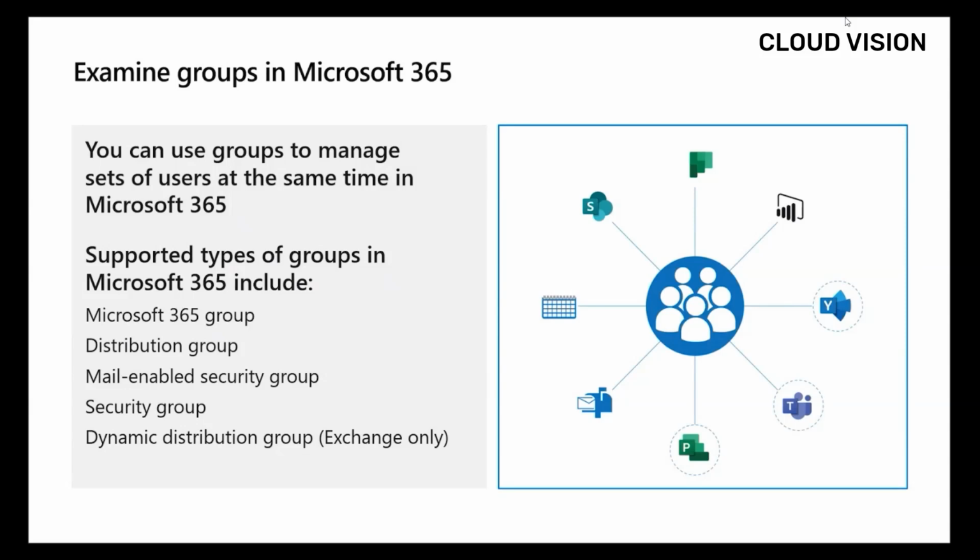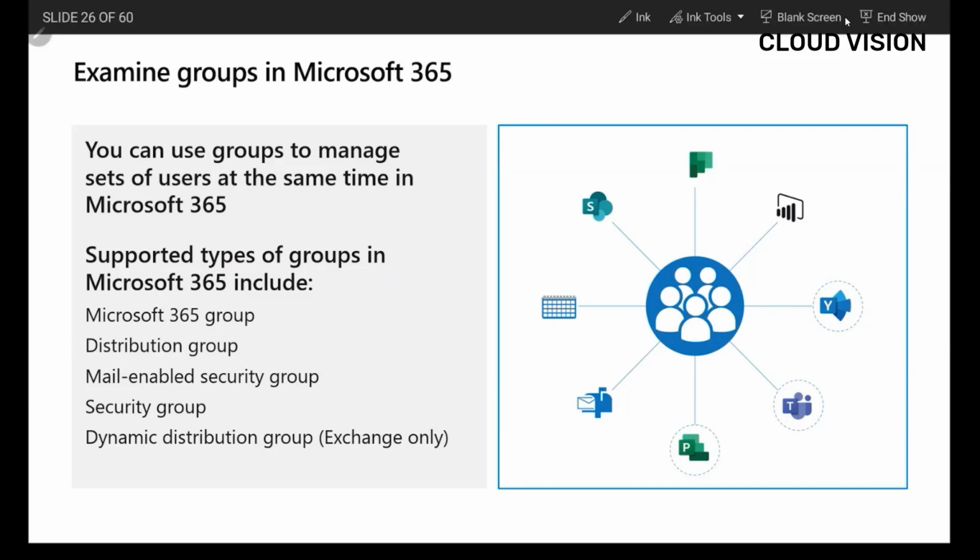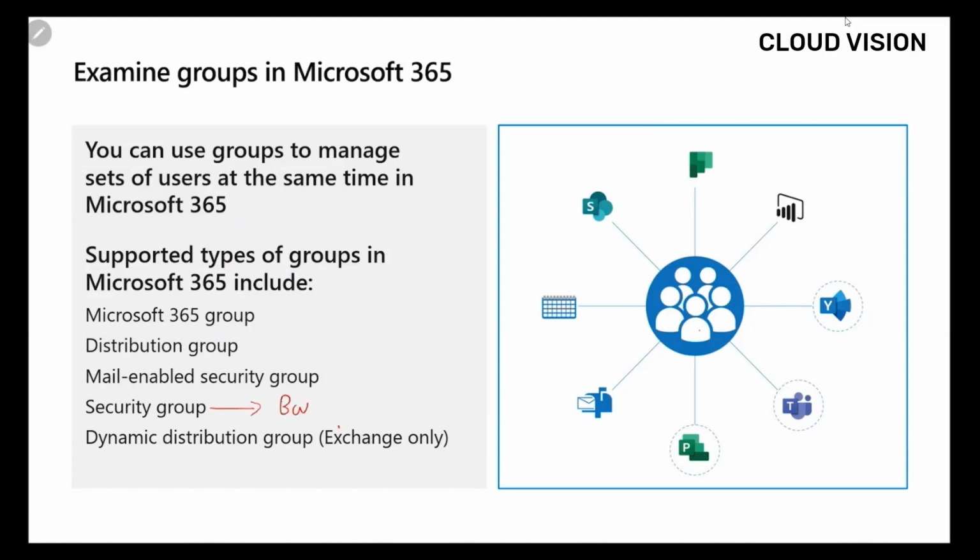Some of these groups you might be very familiar with because these are the same group types that we are using in our on-premise environment too, such as security groups. Security groups, as you know, guys, are used for assigning bulk permissions. So you can create a security group, maybe call it HR, and then add members into the security group.